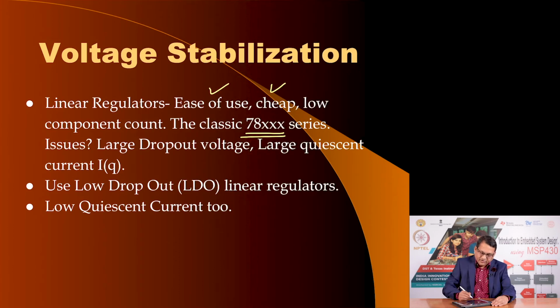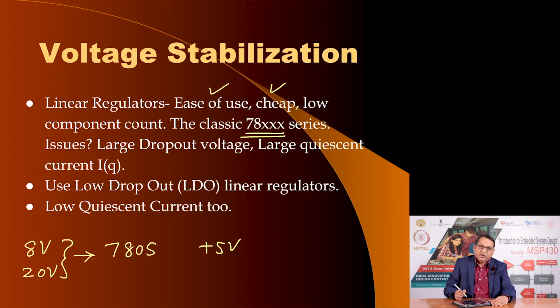For example, you may have used a 7805 in your electronic circuit design, and this provides a plus 5 volt power supply when the input could be anywhere from 8 volts to more than 20 volts. So, you can provide this as the DC voltage, and this regulator will give you 5 volts. There are many other output voltage options available; 5 volts is one of them.